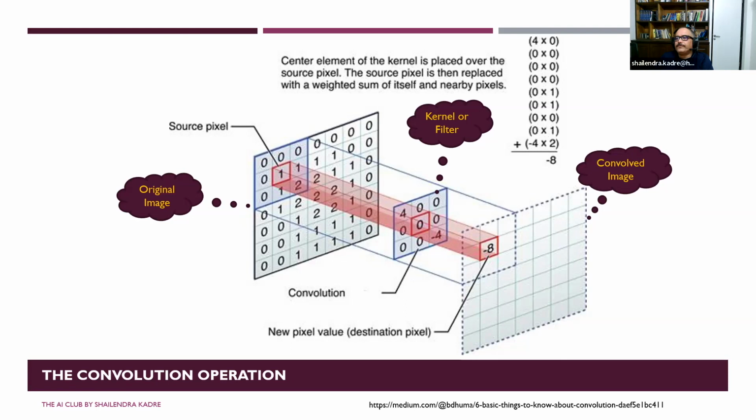Got it? Okay. So it's just overlapping and multiplying corresponding elements, and then adding up everything. You overlap it, multiply all the corresponding elements, and add up. Once it is done, then we'll move to the second convolution. Second convolution means I will move one column right.